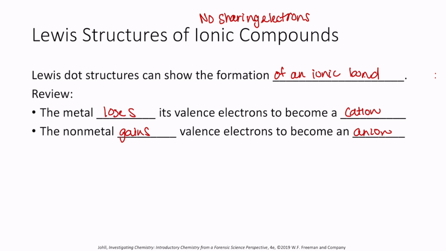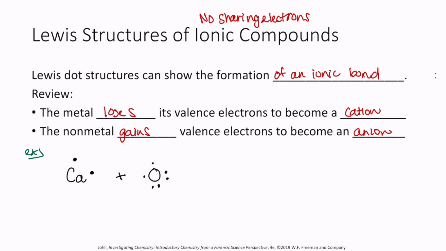If we look at an example, let's look at the example of calcium and oxygen. When I draw the Lewis symbol of calcium, calcium is in group 2, so it's going to have two valence electrons. Now, oxygen is in group 6, so it's going to have 6 valence electrons.